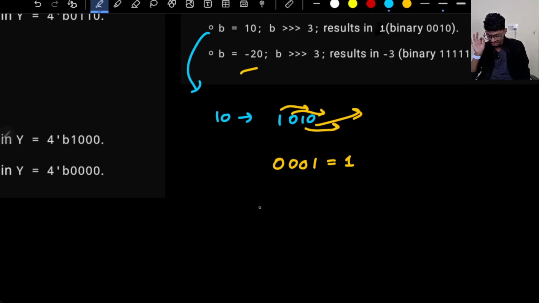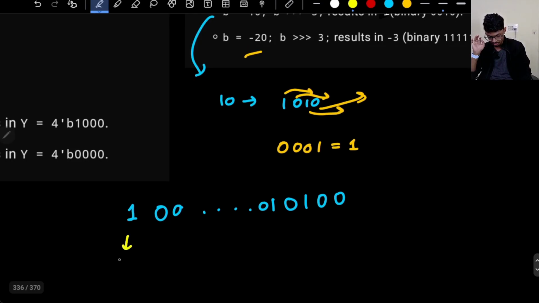What is 20? 20 is 16 plus 4, so this is my 20, and of course I will have a sign bit somewhere here. This is a 32-bit number, so there will be zeros in between, and ultimately this will be my minus 20. This will be the MSB, that is the 31st bit.